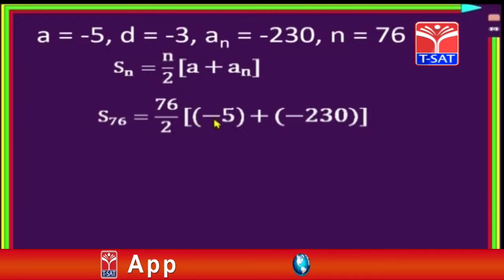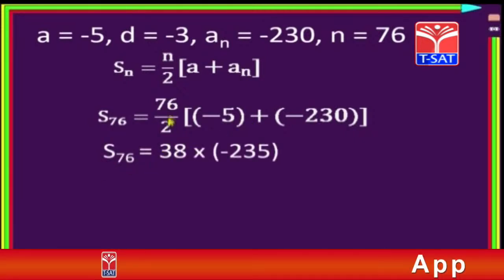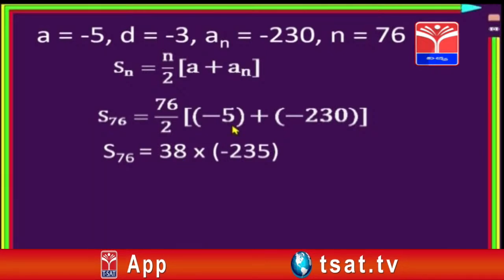Here a is −5 plus an. What is the value of an? That is −230. So in the bracket we have −5 and −230. The sum of these two terms gives −235.